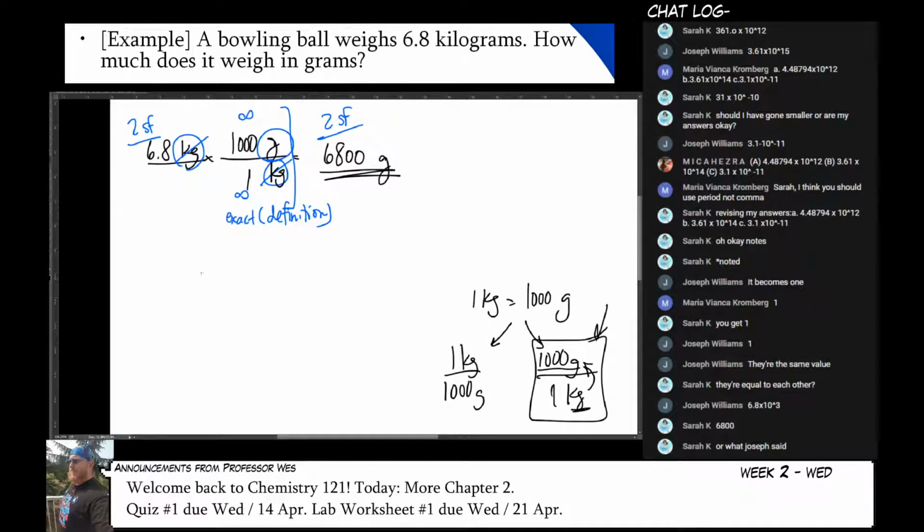So for these conversions, you're going to have to figure out the conversions that you need to get to the answer. Then once you've done that, you need to do the calculation.